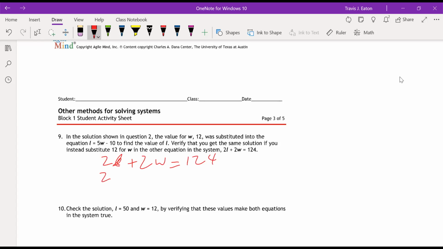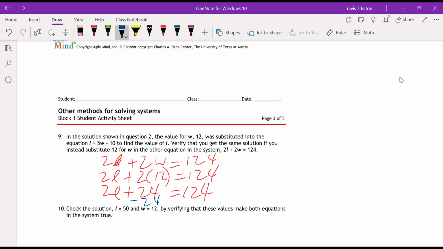And with that, then we say, okay, 2L plus 2 times 12, because that's what we found W to be, equals 124. And 2 times 12 is 24, so that's 2L plus 24 equals 124. Now, when we subtract 24 from both sides, then we get 2L equals 100.